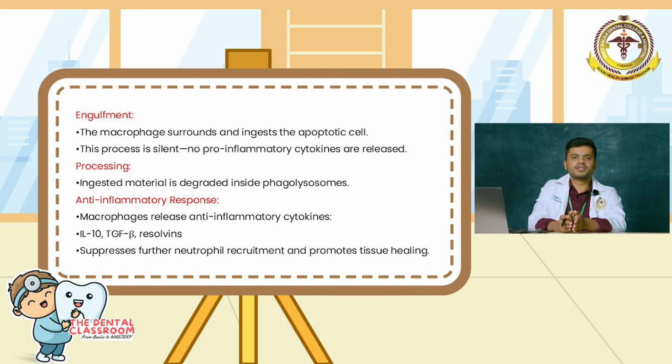Once the macrophage has engulfed the apoptotic neutrophil, this macrophage changes from M1 to M2. M1 is mainly a pro-inflammatory macrophage, whereas M2 is anti-inflammatory. The main reason for this change is that the resolution of inflammation should come.